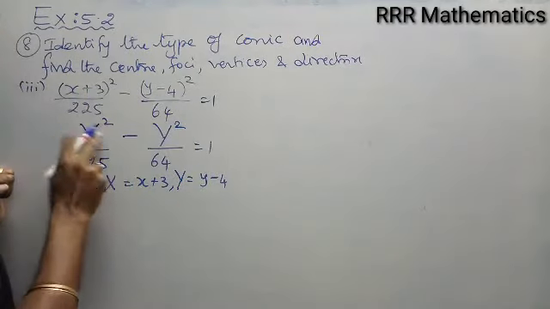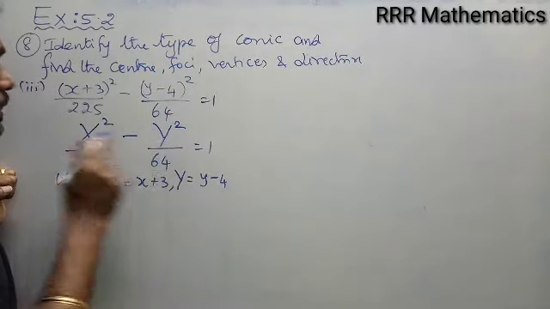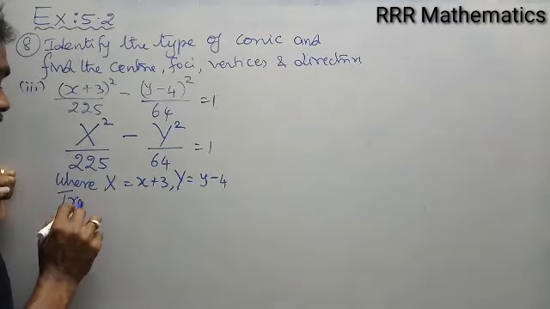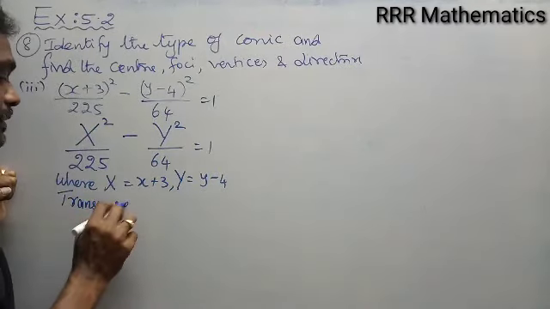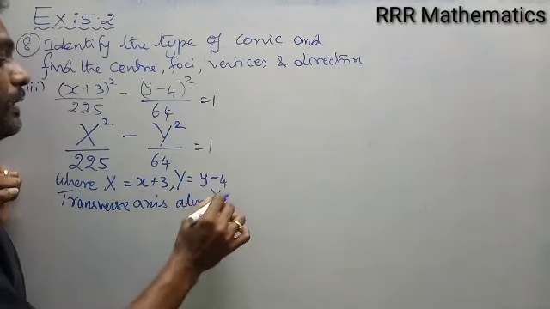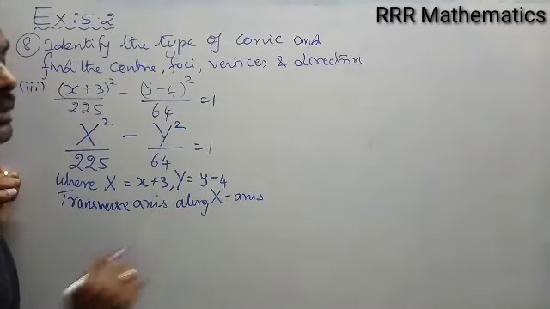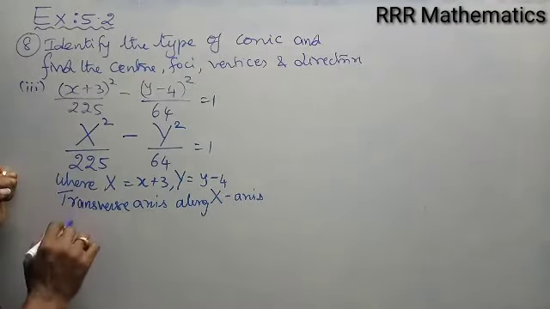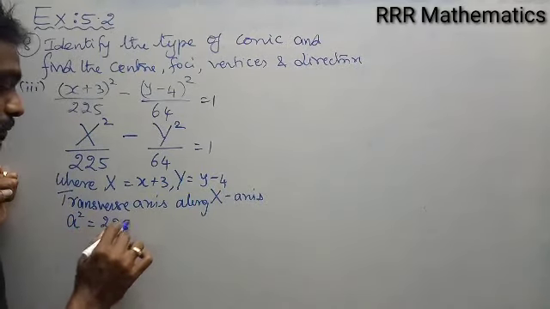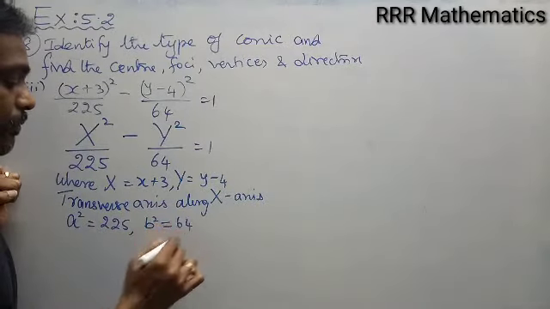In this case I have plus X square by 225 minus Y square by 64 equal to 1. Therefore, the transverse axis is along the capital X axis, where a square, the positive square denominator, is 225, and b square is 64.